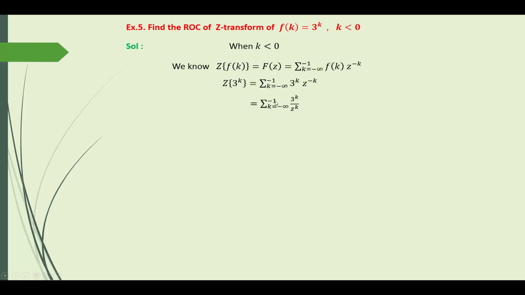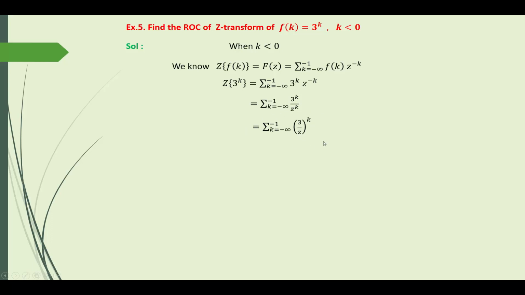equal to sigma k varies from minus infinity to minus 1, 3 raised to k, and z raised to minus k is 1 upon z raised to plus k, so 3 raised to k upon z raised to k, equal to sigma k varies from minus infinity to minus 1 of 3 upon z raised to k.